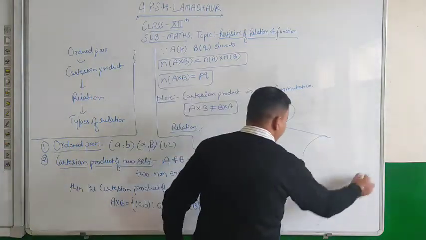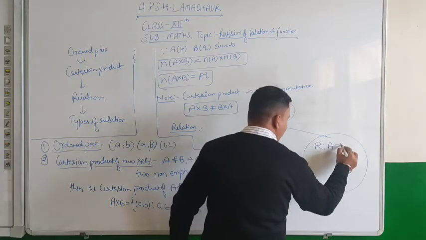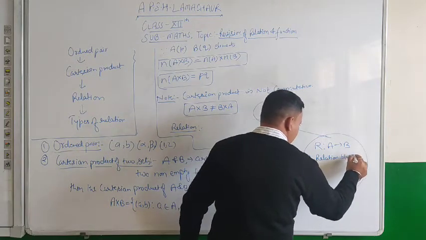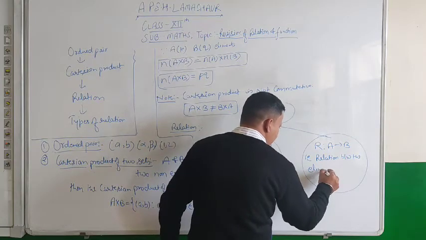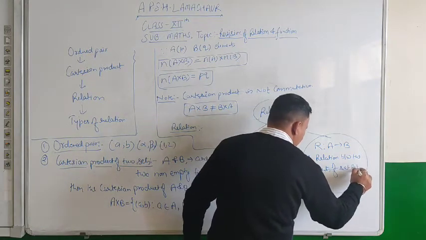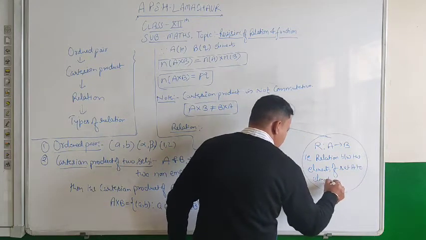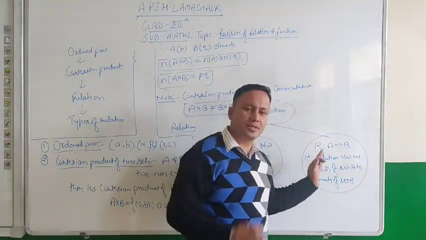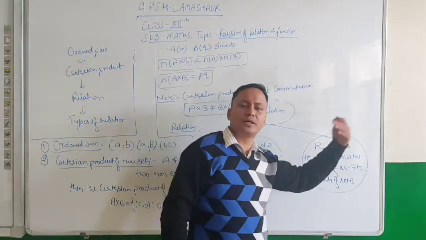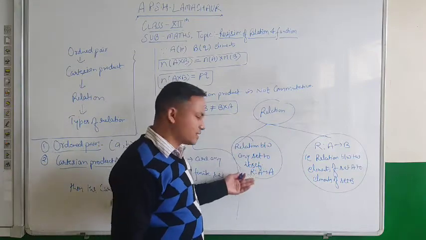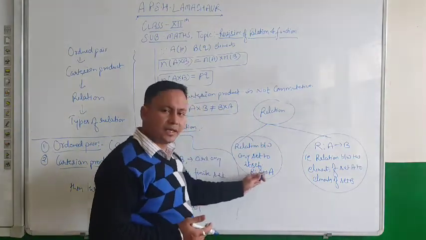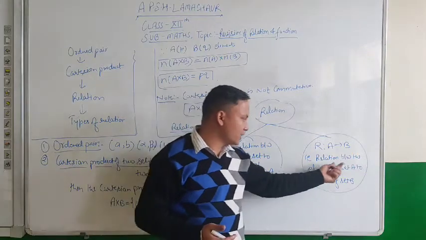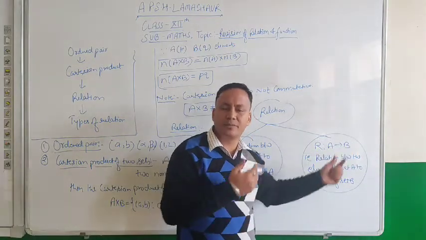And in the second case, we are defining a relation from A to B, that is, a relation between the elements of set A and the elements of set B. Here in this particular case, we are interested to define the relation between the elements of set A and the elements of set B. And in the first case we are interested to develop a relation between the elements of set A and itself.